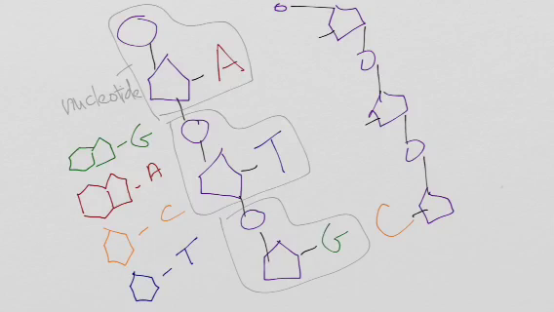If I have a T on one side, what has to be on the other side? An A here. If I have an A up here, what has to be on the other side? A T. Okay? Now, we're not done. I'm not done amazing you. Remember how we said that these bonds are really strong?